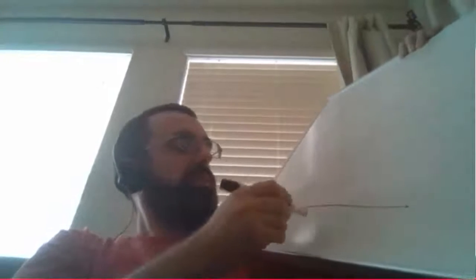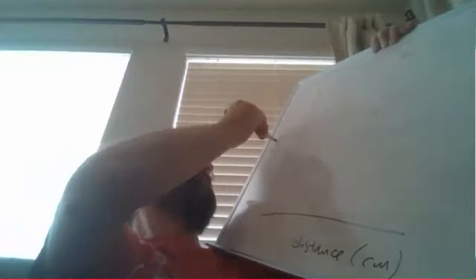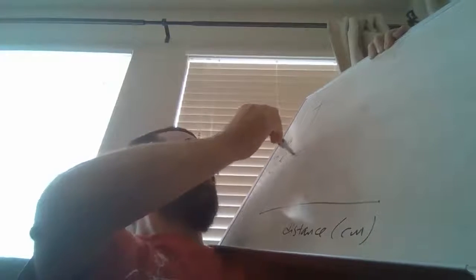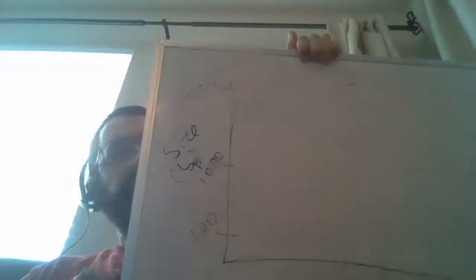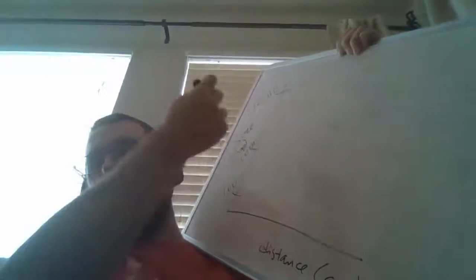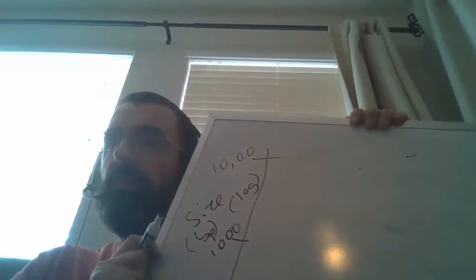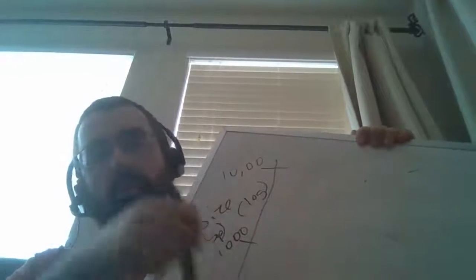So I've got distance in centimeters and size in base pairs up here, and I'm going to do this as a log scale, because you can either do a log scale on the X, or you can do it as a normal linear scale for both.